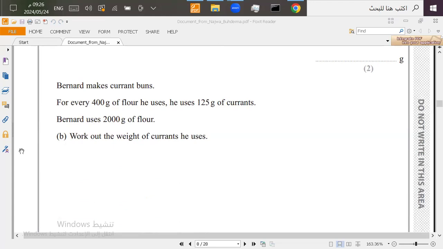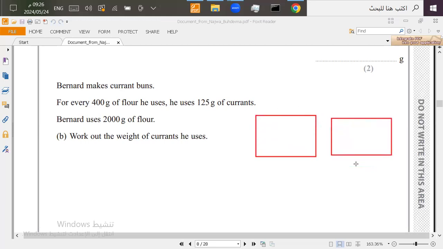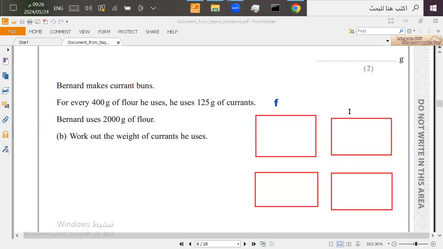This time, we're going to use the X method to find out because it has a ratio that we can use. So let's put them in the boxes of the X method. So we have 4 boxes as usual. This X method can be used with the ratios, with the map ratio, stuff like that. So let's say this is the flour and this one is the currant.